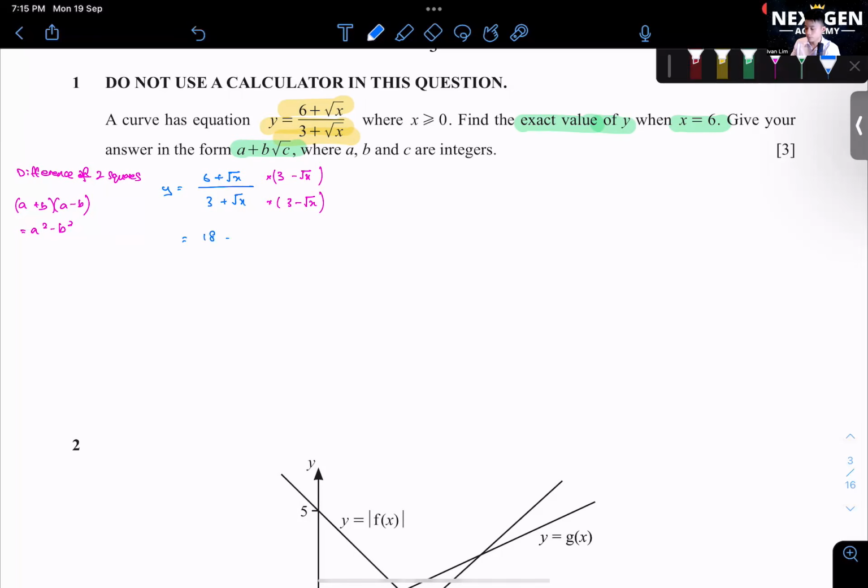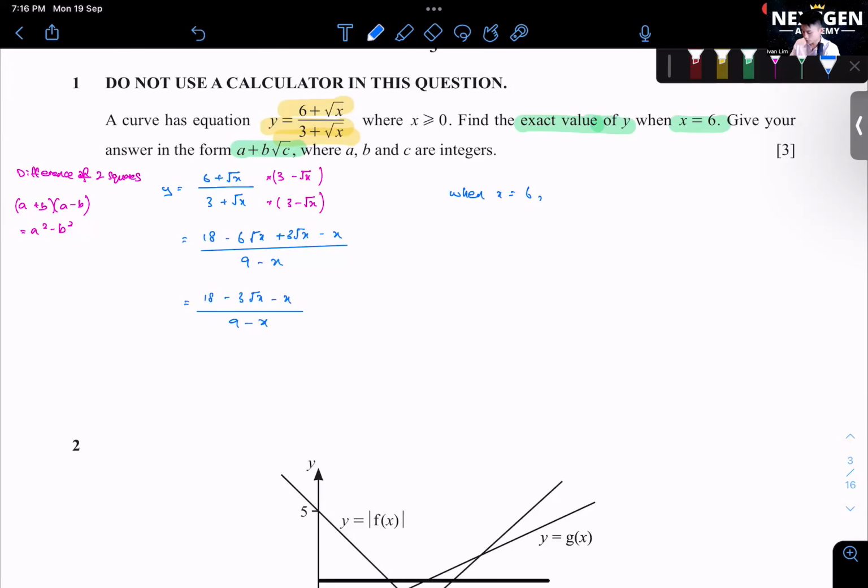Answer: 18 minus 6 root x plus 3 root x minus x over a squared minus b squared, which is 9 minus x. Then you get 18 minus 3 root x minus x over 9 minus x. After that, they say find the exact value, so please don't expand it or type it inside your calculator. We just want to leave it in terms of root.